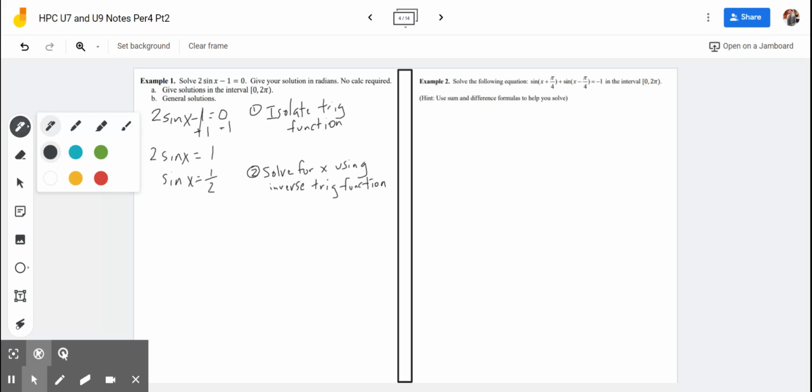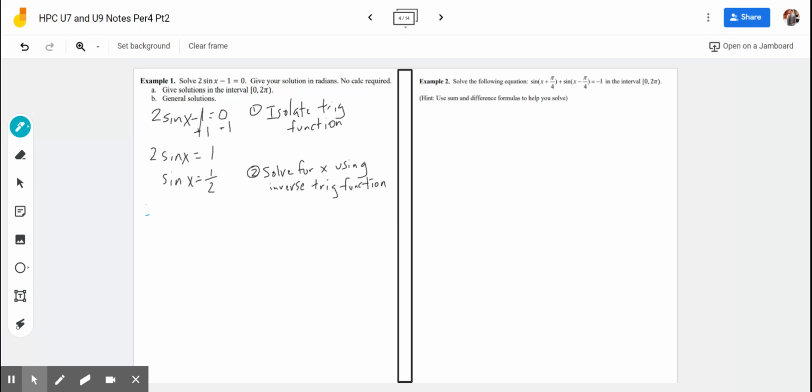So what does that look like? It would look something like this. Taking the sine inverse of both sides, sine inverse and sine on the left side will cancel each other out, and you're just left with x equals sine inverse of a half.